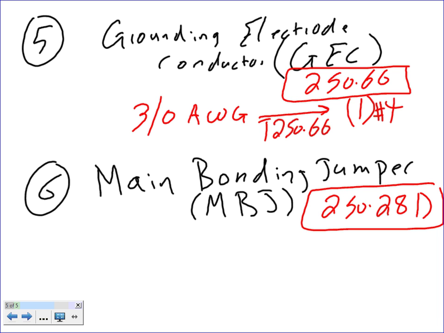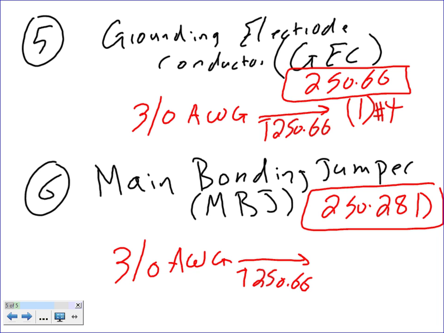Okay, so from there, it tells you the same thing. Take the AWG to table 250.66, and I'll get you one conductor, number 4. What type of insulation, Spencer? You decide.